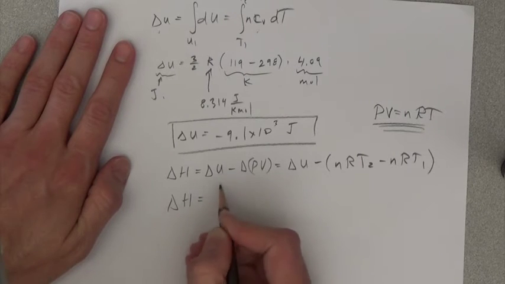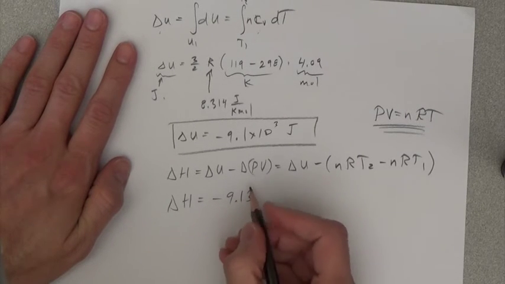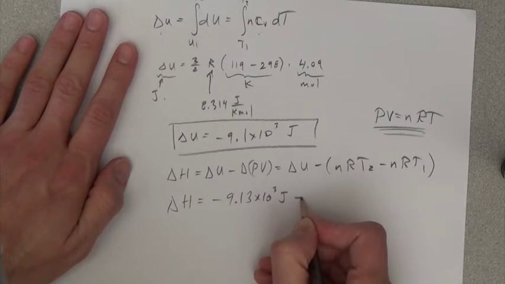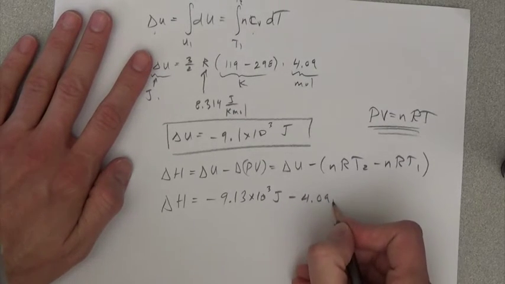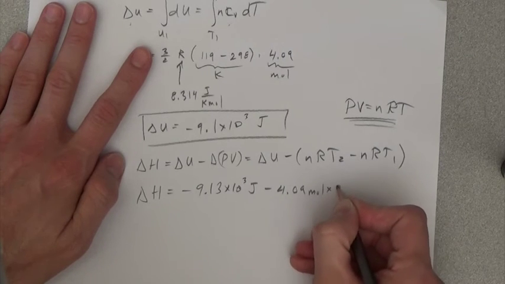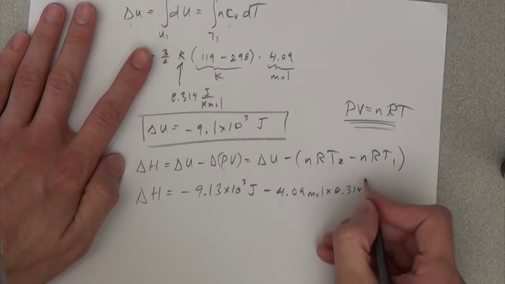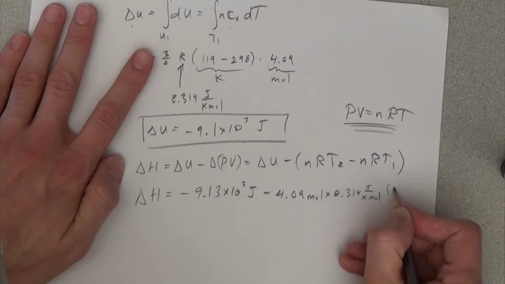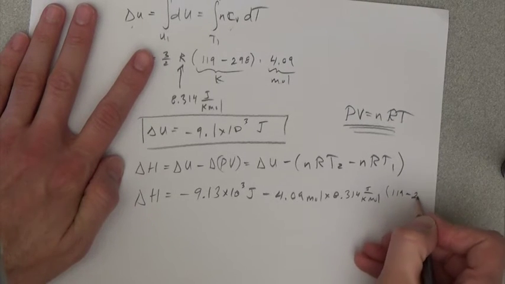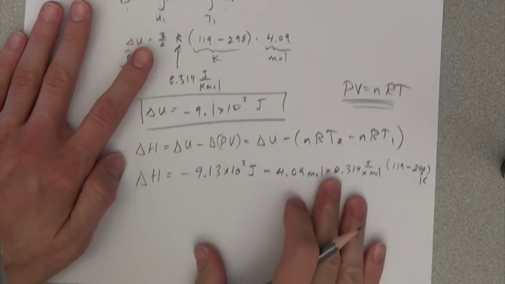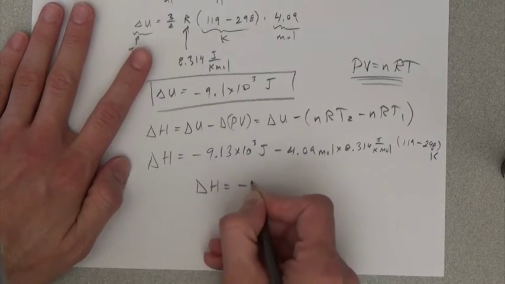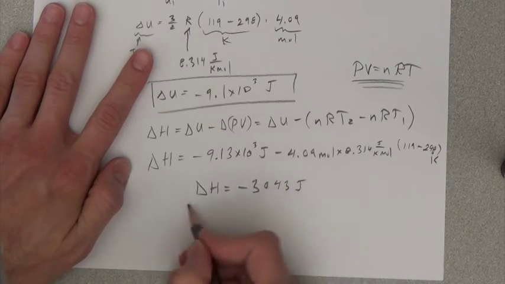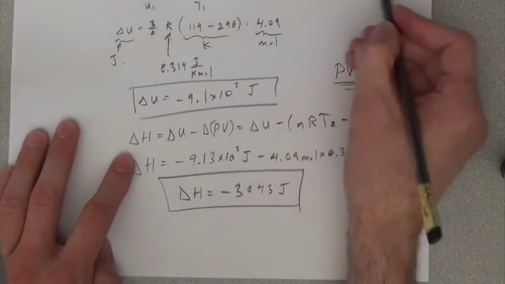Or delta H is equal to minus 9.13 times 10 to the 3 joule minus 4.09 mole times 8.314 joule per K mole times (119 minus 298) K, or delta H is equal to minus 3043 joule. That's page 16.